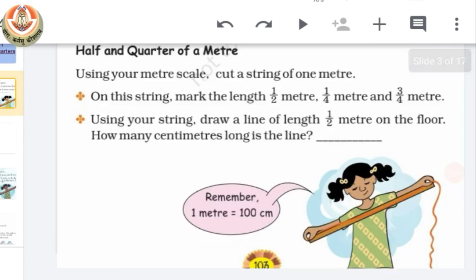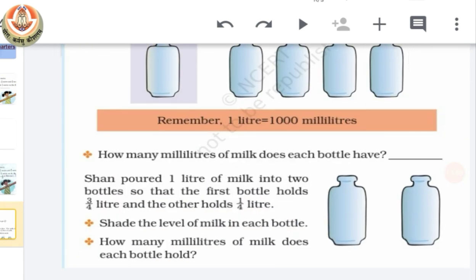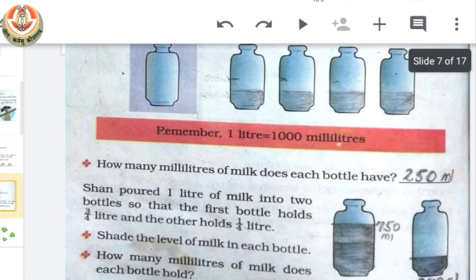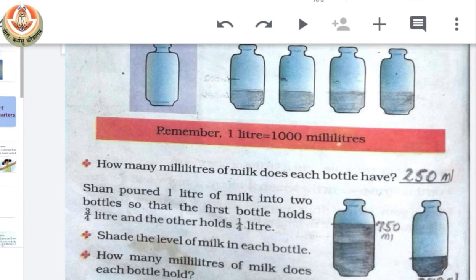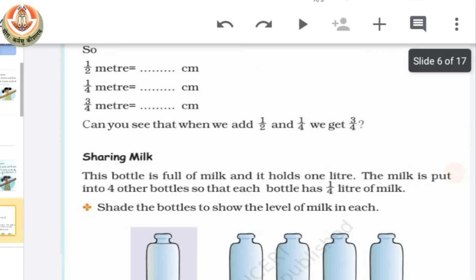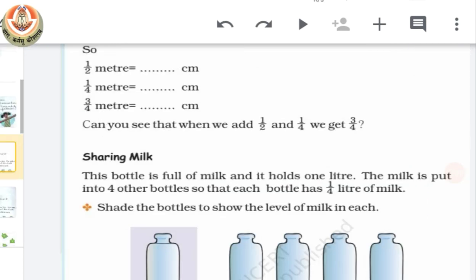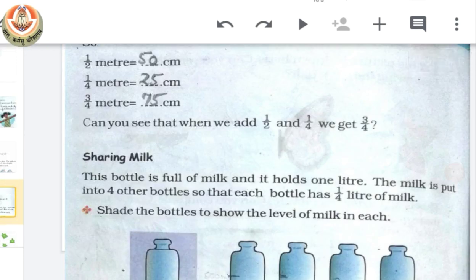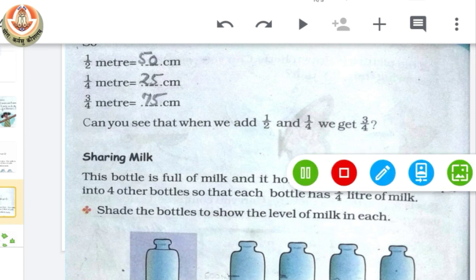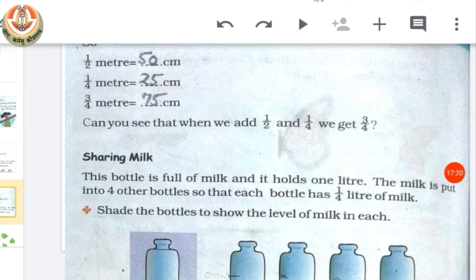In today's exercise, what we had learned, that how we can find the half, quarter and 3/4 part of any given measure, whether it is 1 meter, whether it is liter, or whether it is kg. Okay, so keep in mind that half of a meter means 50 centimeter. Okay, 1/4 of a meter means 25 centimeter, and 3/4 of a meter is 75 centimeter.